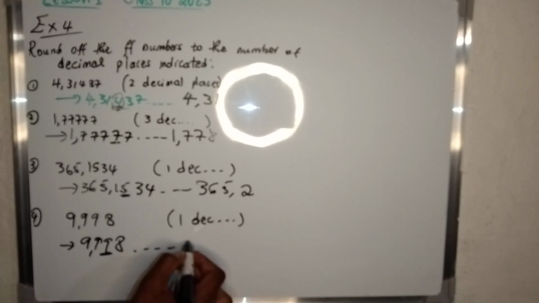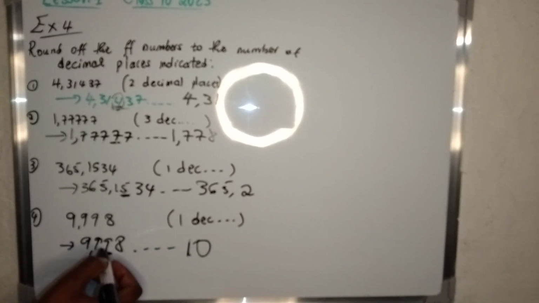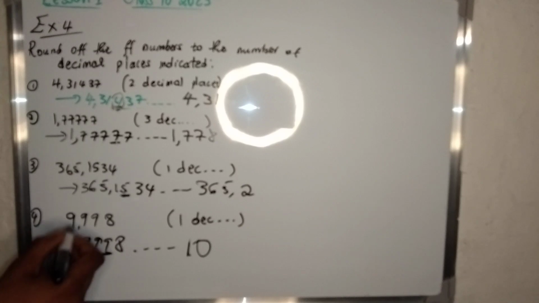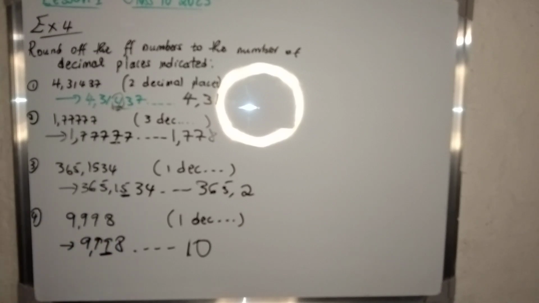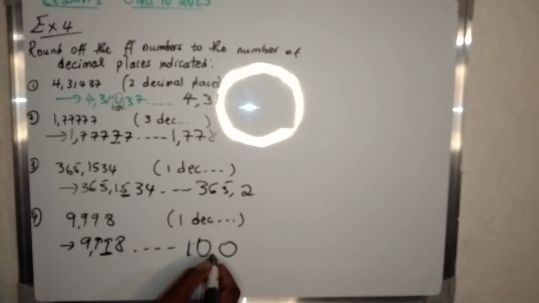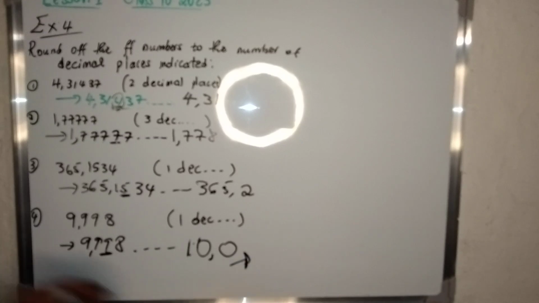So that means we're going to have 10. And if we add 1 here, it's going to be 10, which is 0. So that means it must be 10, 0. So this is our final answer.